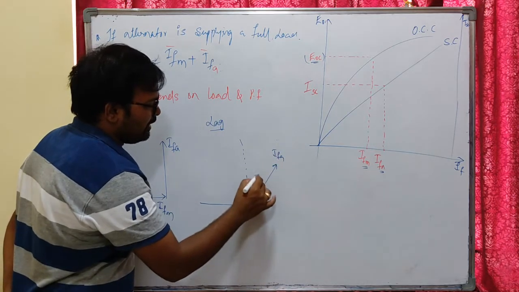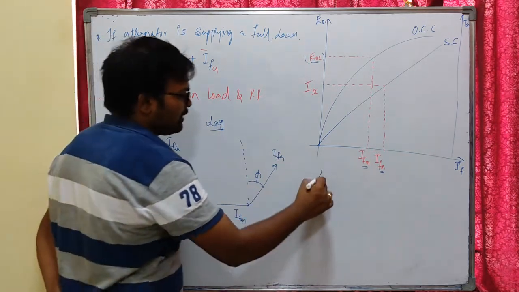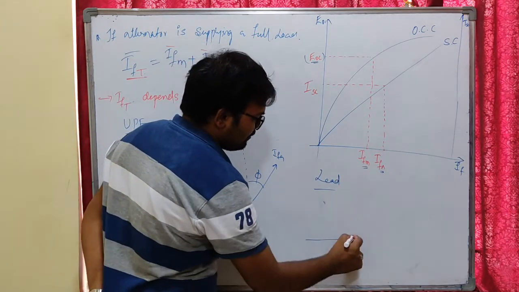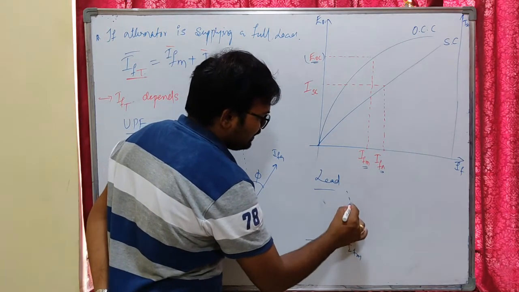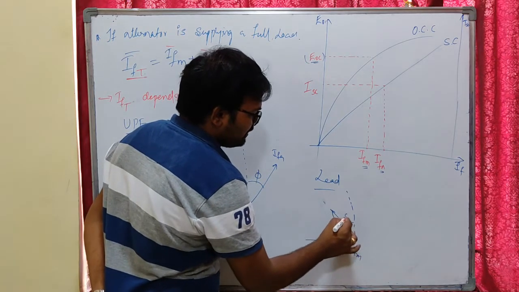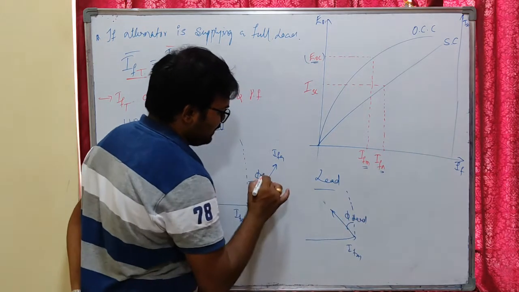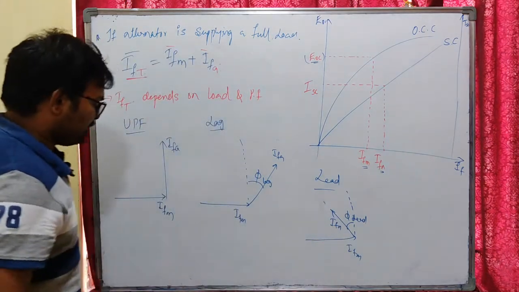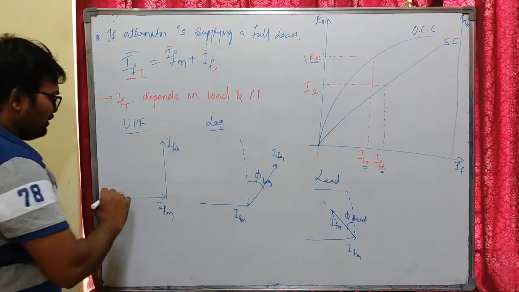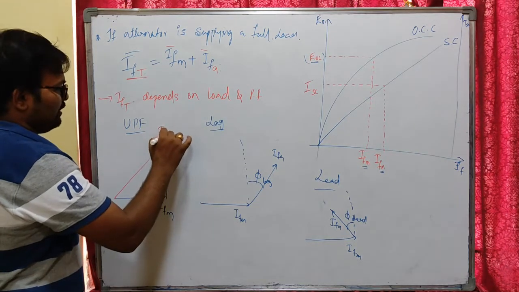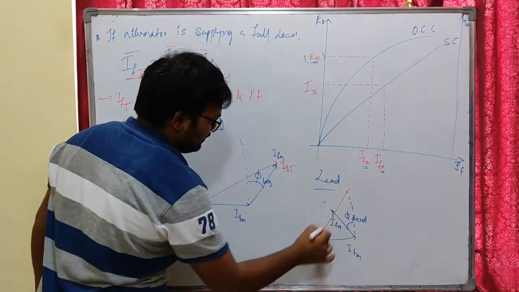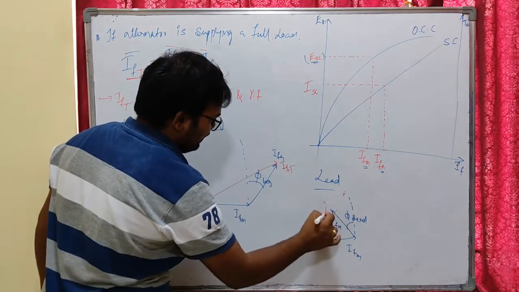For leading power factor, this will be IFM and this is IFA. So the vector sum of these two will be our net current, IFT, the total field current.